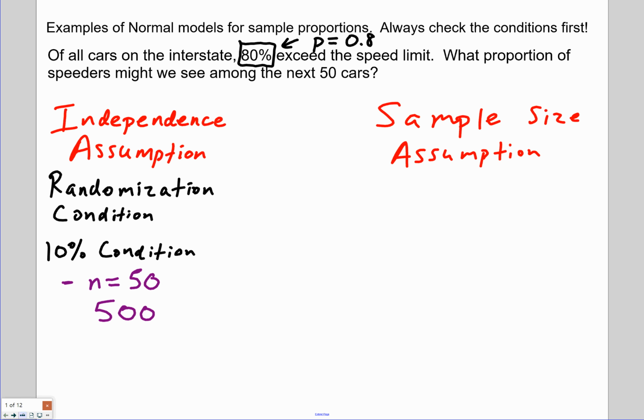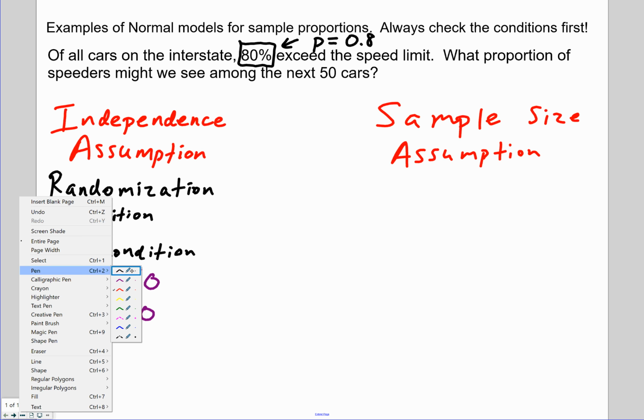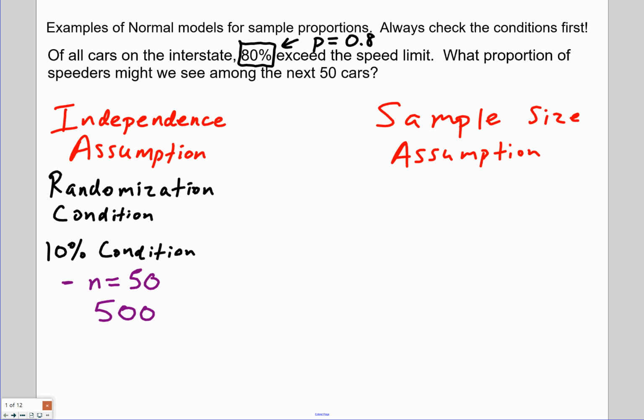We checked this last week. Sad. What condition can I check? The success and failure condition. Because again, what I asked you at the very beginning, is anyone actually going out to the freeway to use a radar gun to get this data?